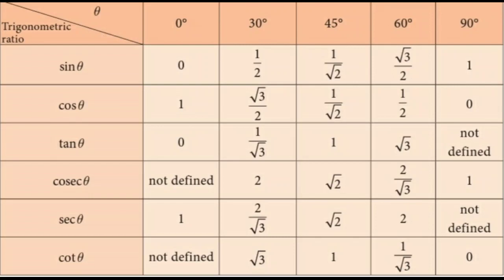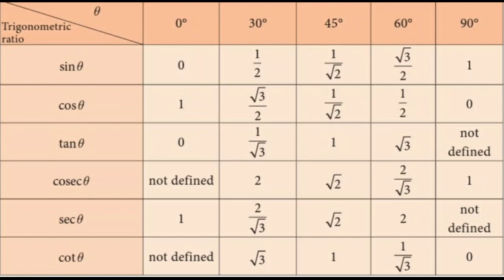We get 1. Then tan 60 degree is equal to √3/2 divided by 1/2. We get √3. Then tan 90 degree is equal to 1/0, that is not defined.